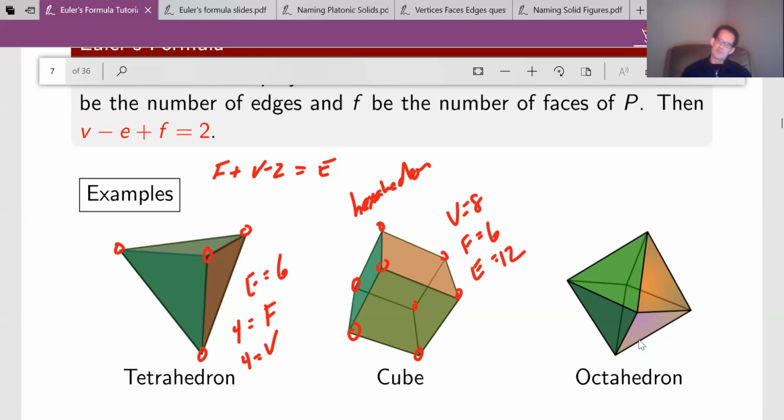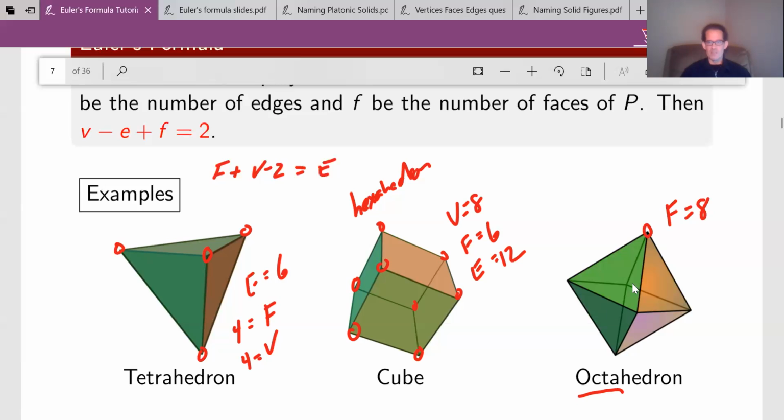The octahedron, this is a classical polyhedron because again, all of your triangles are equal. So each triangle is the same size. And you can see an octahedron, octa, like an octopus, octa means 8. So you're going to have 8 faces. Let's look at vertices.